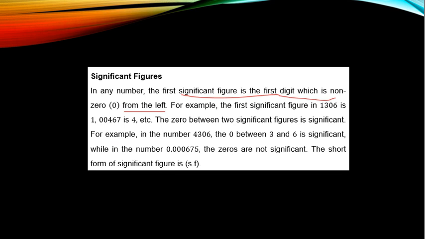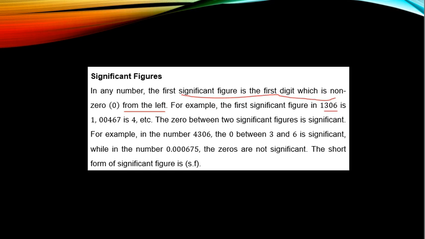Look at the condition, non-zero number. In other words, if you have 10 zeros before 1, 1 becomes the first significant figure from the left. For example, the first SF in 1306 is 1. That is, the first non-zero number from the left is 1.